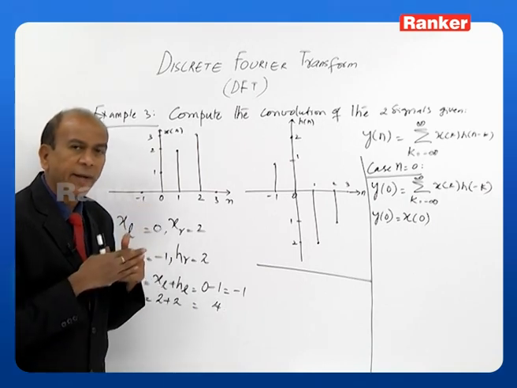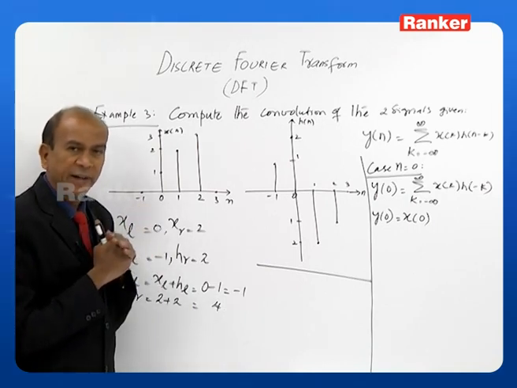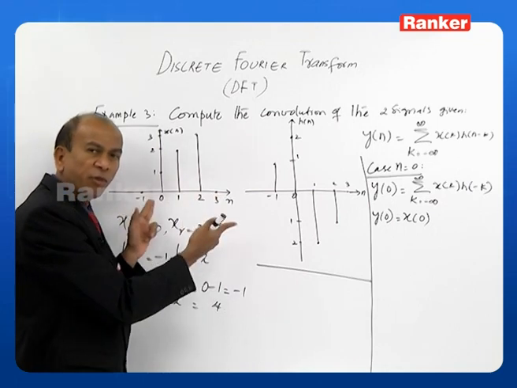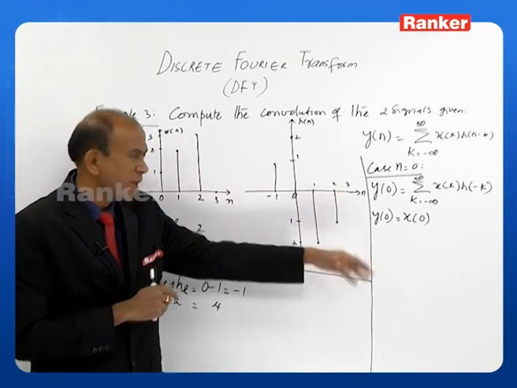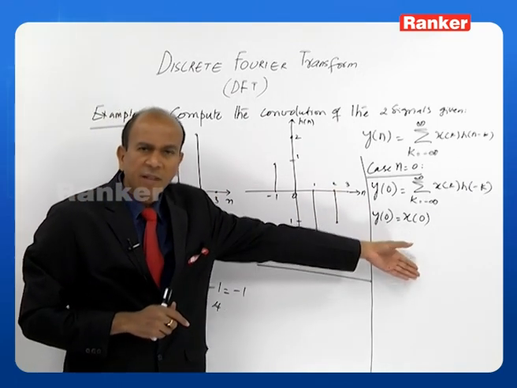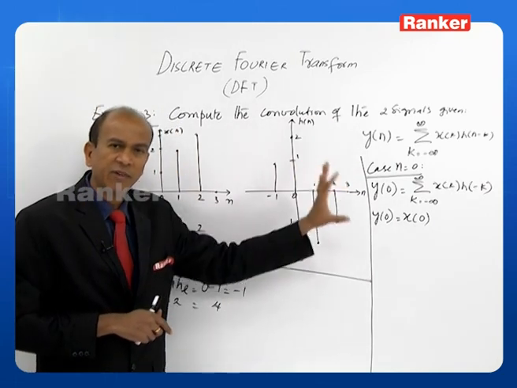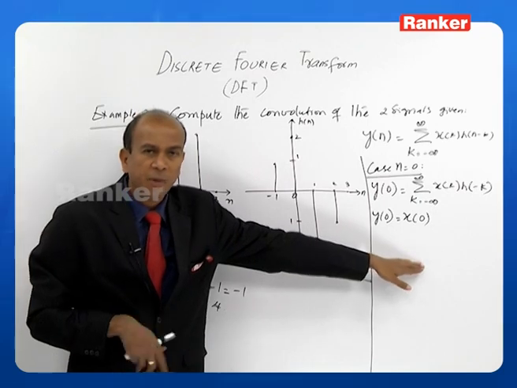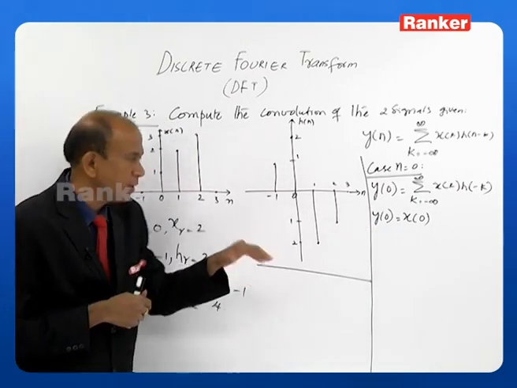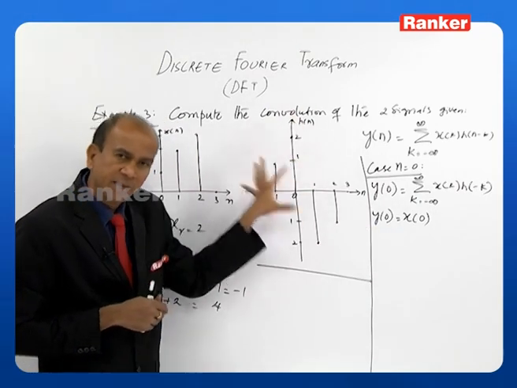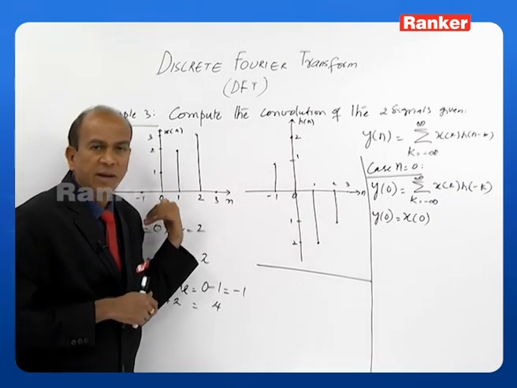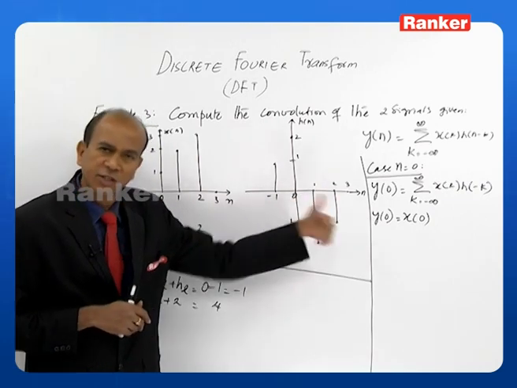So, there is no point in starting from minus infinity. If this is common for both of them, then I can start from those values. So, there is nothing wrong if I start with x of 0, because looking at the figures, even if I take h of minus 1, it does exist, but x of minus 1 does not exist. So, let us start with 0.